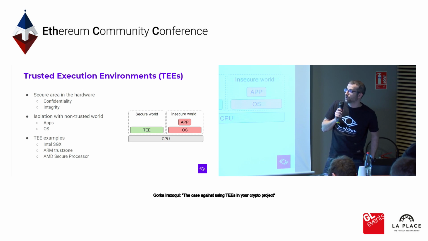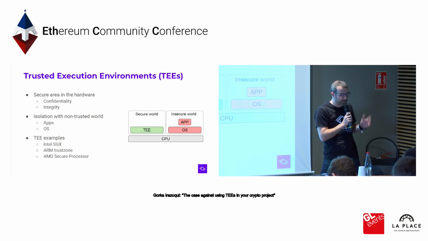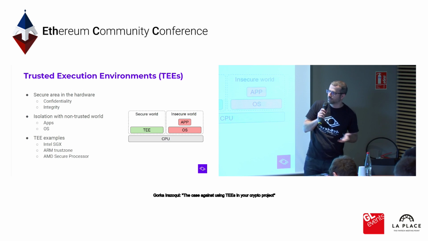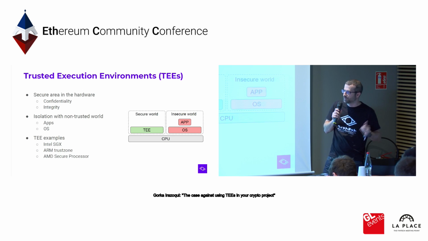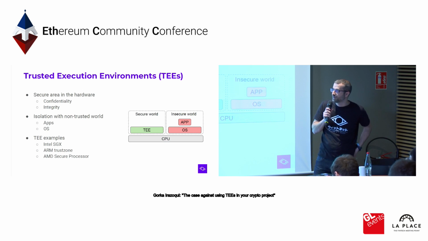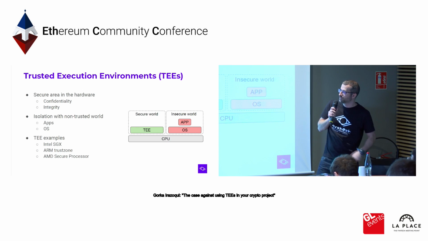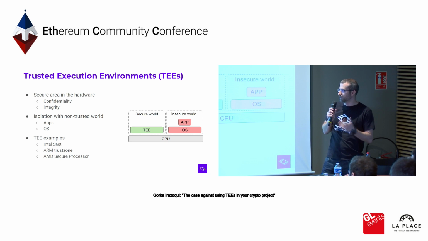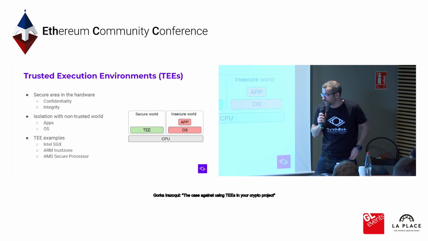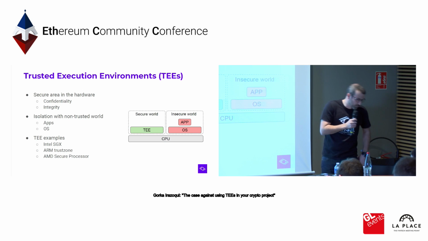It's really important to say that these areas in the hardware are really isolated from the untrusted world, such as applications or the operating system, and they have different names depending on the manufacturer. In the case of ARM, it's TrustZone. These were one of the first ones. And we also have Intel's SGX, which is well known, and AMD Secure Processor.